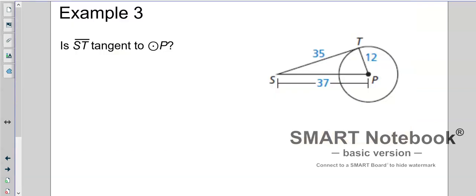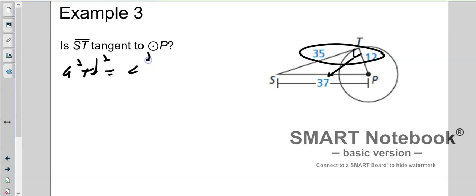So is ST tangent to point P? Okay, well, to do that, this has to be a right angle. And the way we prove it's a right angle is our good friend Pythagoras. So again, here is my hypotenuse. If it's a right angle, that means this is A and B. So let's do A squared plus B squared equals C squared.